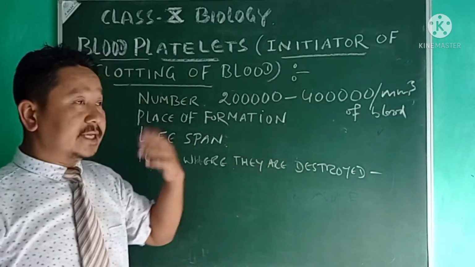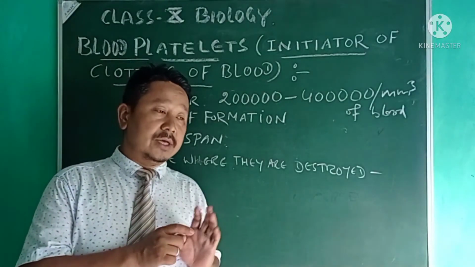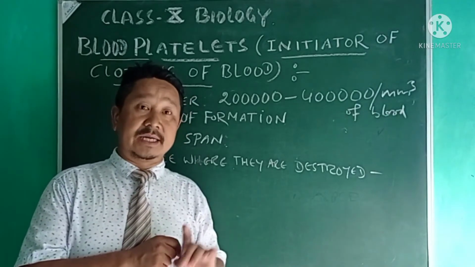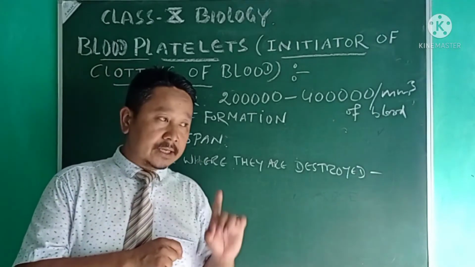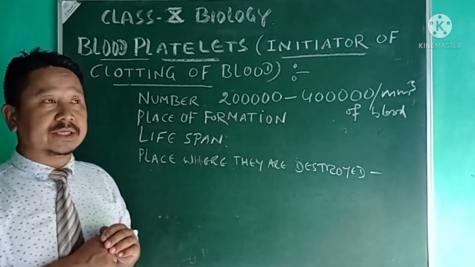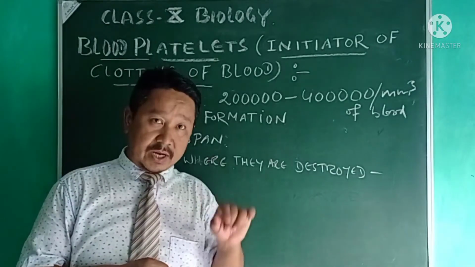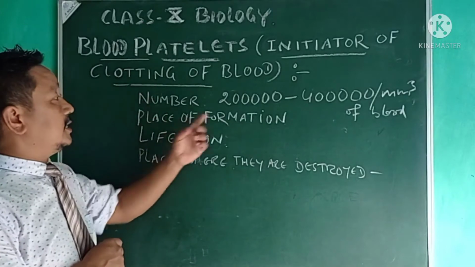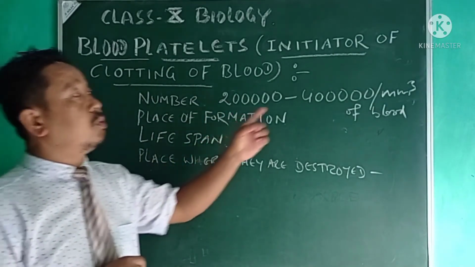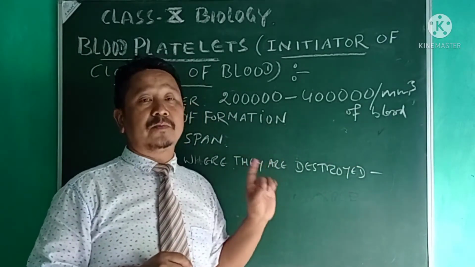Whereas RBC, we discussed last time, is 5 million per cubic millimeter of blood in an adult male, whereas in an adult female it is found to be 4.5 million. Similarly, WBC is 4,000 to 8,000 per cubic millimeter of blood, whereas blood platelets are found to be 2 lakhs to 4 lakhs per cubic millimeter of blood. That is the count of blood platelets.